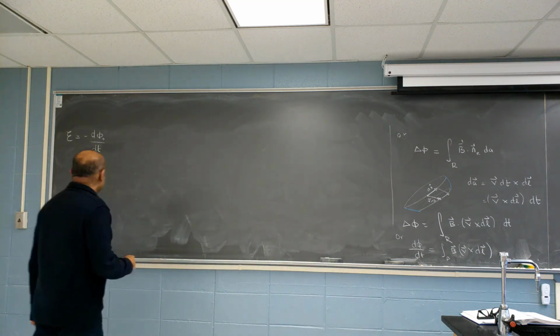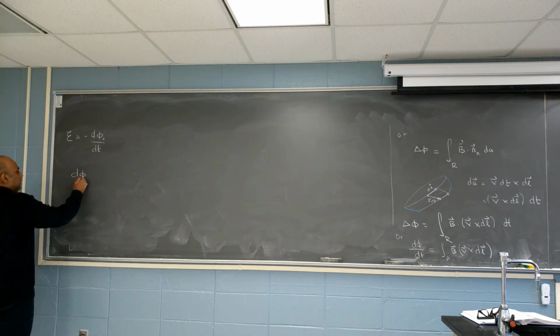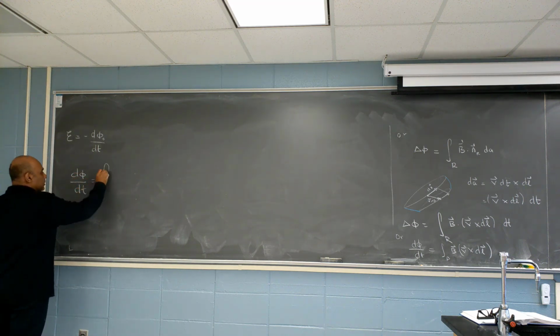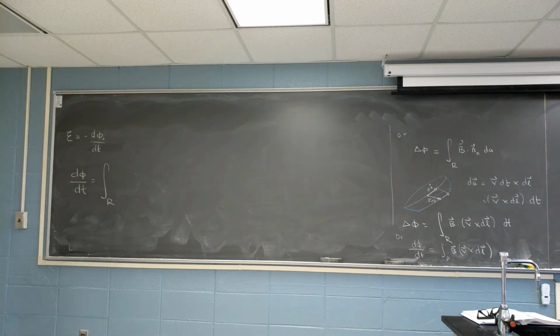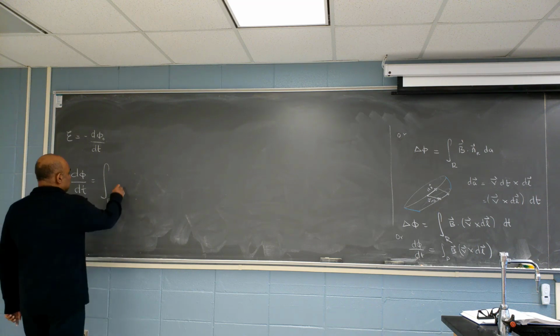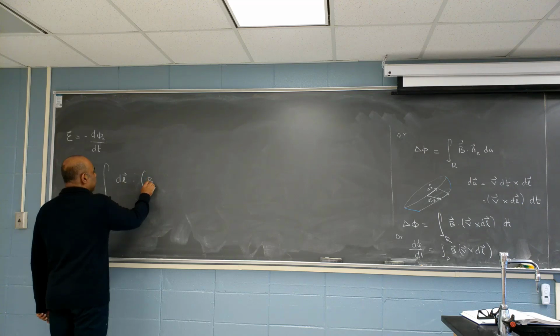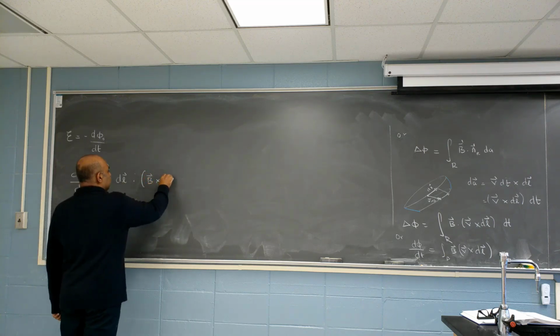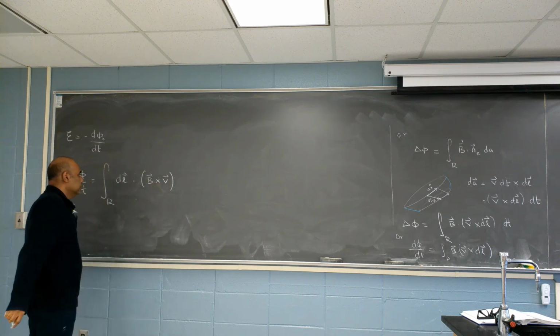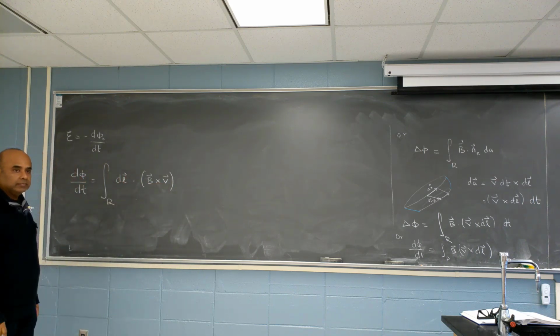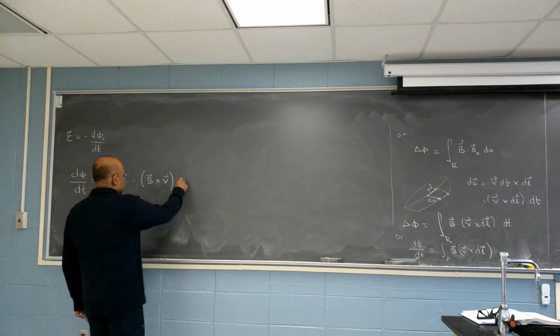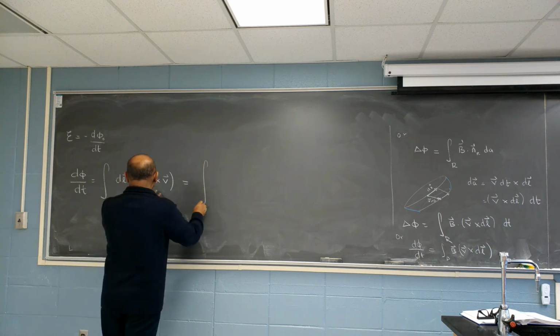So then d phi dt equals, again, you're integrating over the ribbon. I'm going to do dl dot b cross... And of course, I'm going to change the order of the dot product.